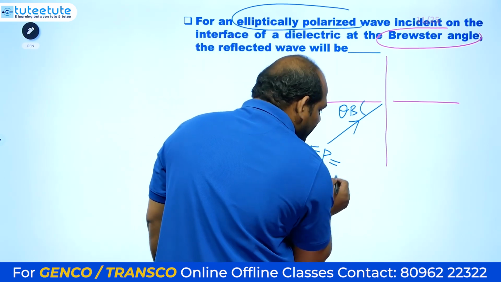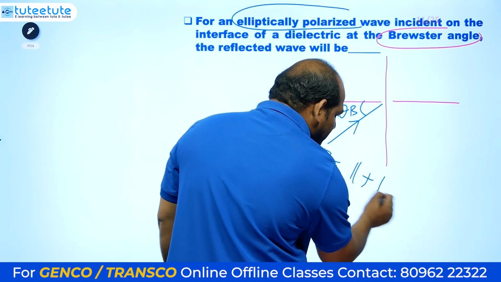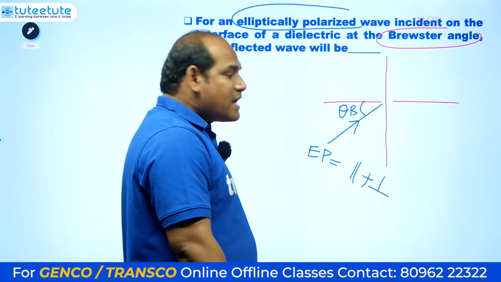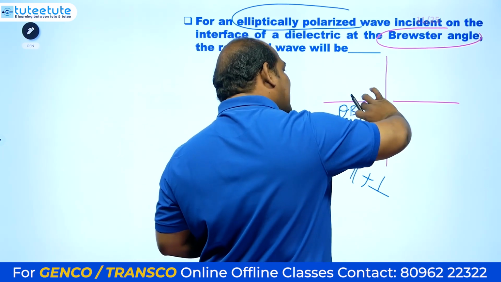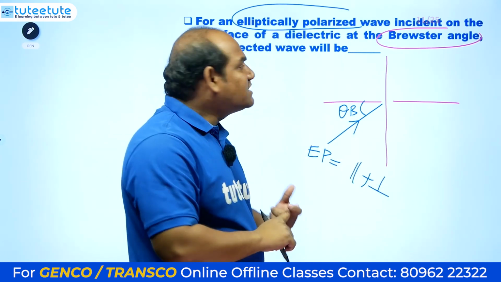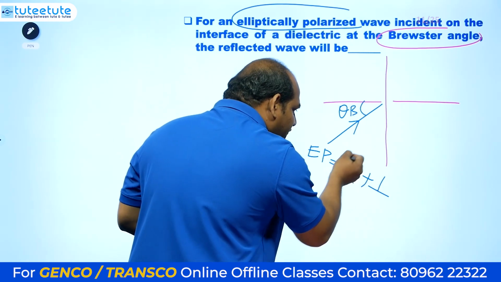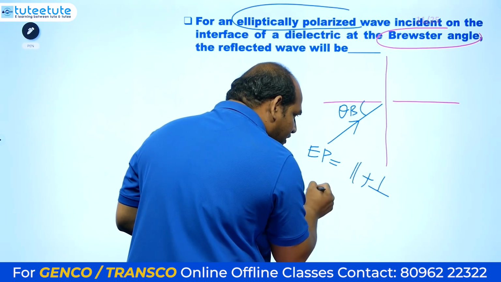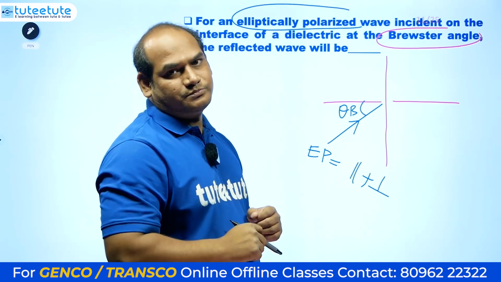This wave can be treated like a parallelly polarized wave plus a perpendicularly polarized wave. But we are incidenting this elliptically polarized wave at the Brewster angle. By making it the Brewster angle, either the parallelly polarized reflected wave or the perpendicularly polarized reflected wave will be 0.